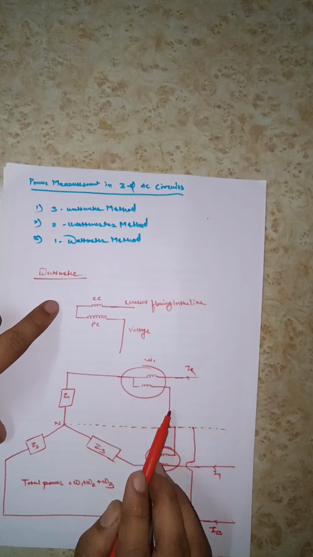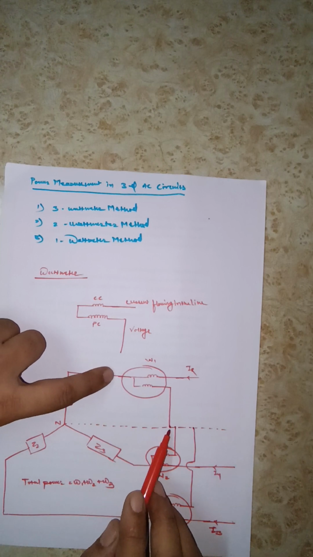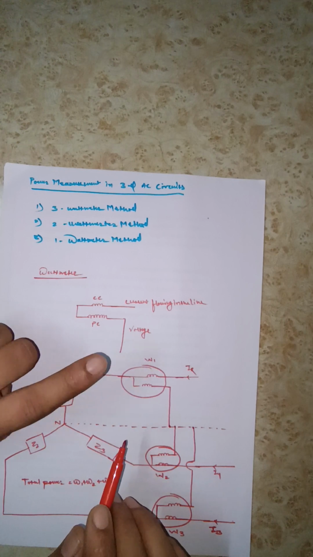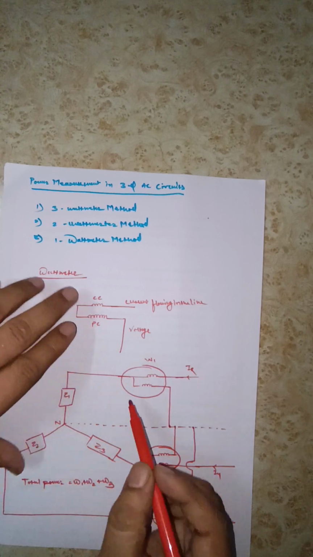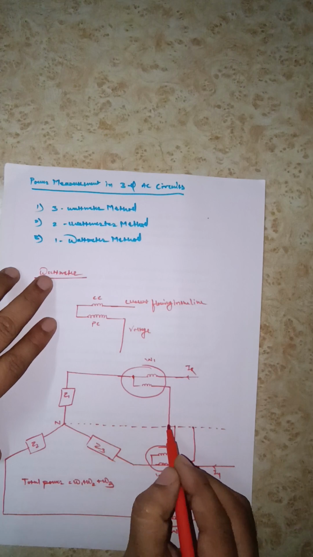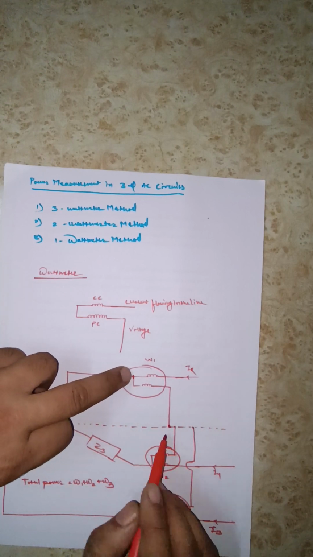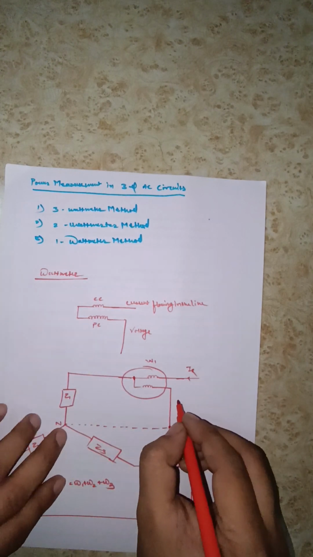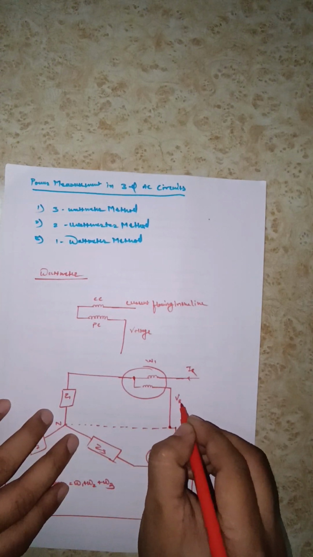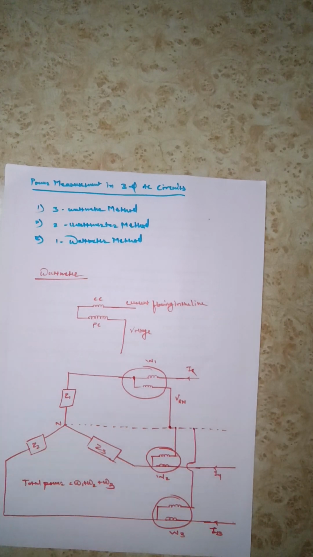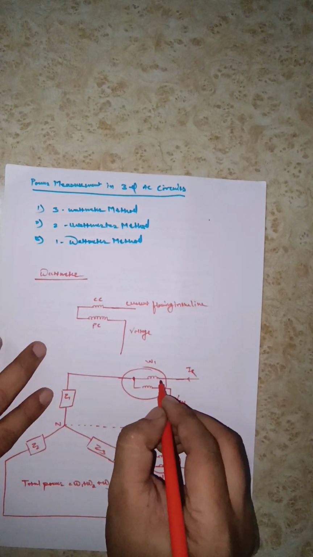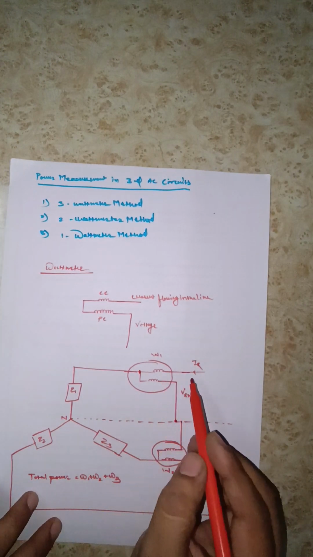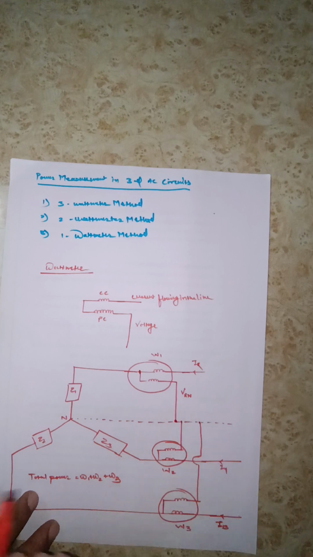The potential coil is connected between this phase and the neutral point, so it will measure the phase voltage, VRN. The current IR flows through the current coil, so it measures the current in R phase and the voltage across R phase.